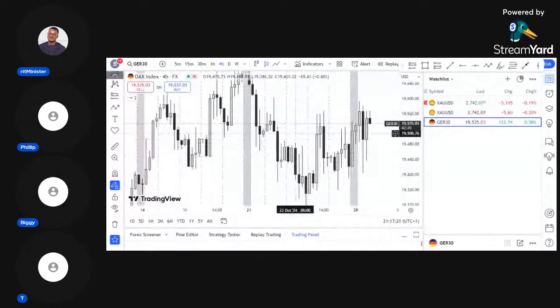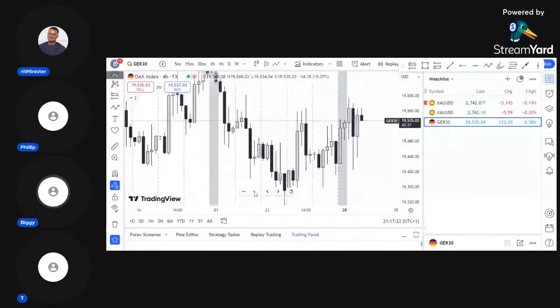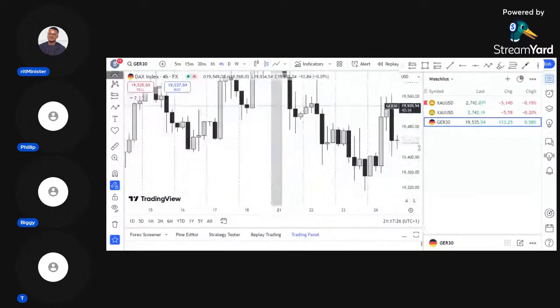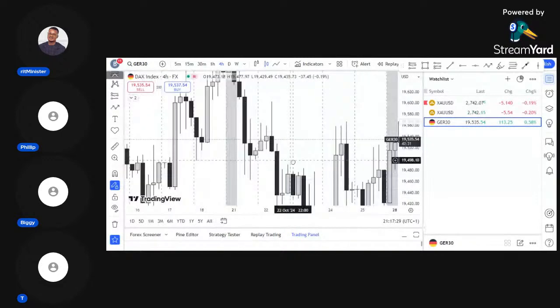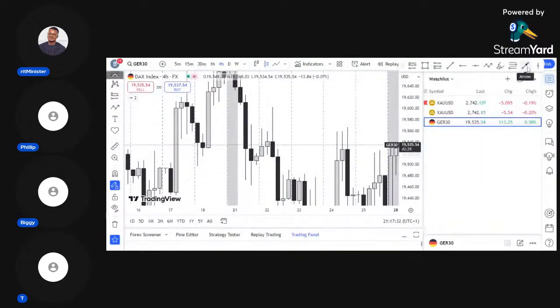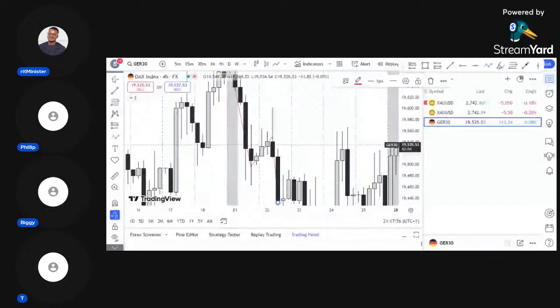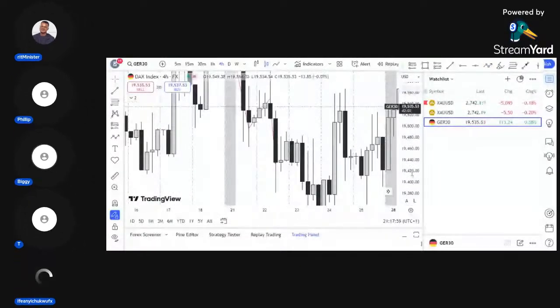So for example, let's say we had a push downward and then a retracement like this, and then we now know that these are our points of interest.